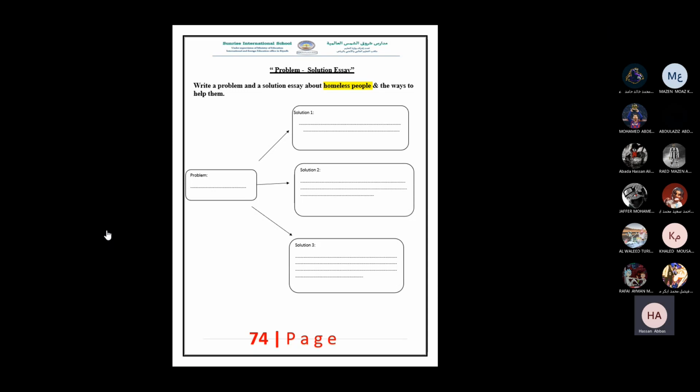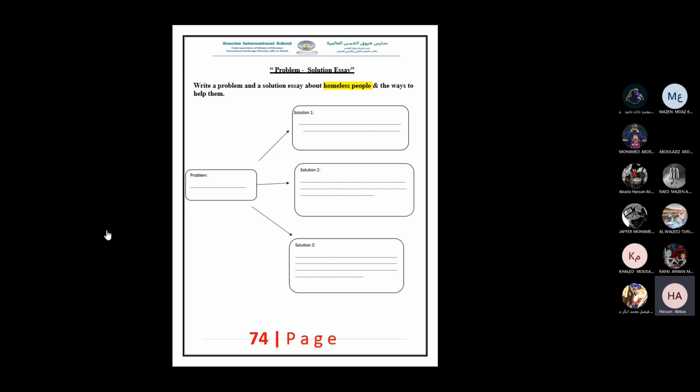Excellent, imagine, but using the modal verb can means you can do it if you wish. So when you say the government can provide, this is if they want. But if they don't want, they won't do it. So it's better to write the government should provide.